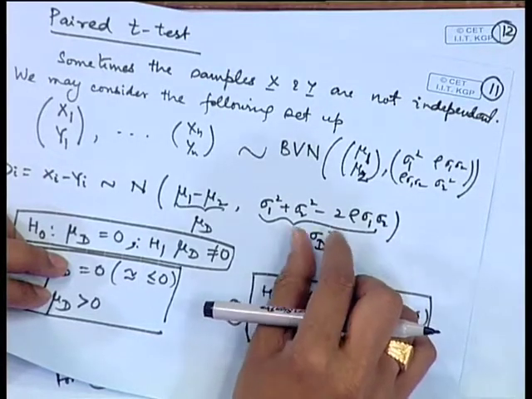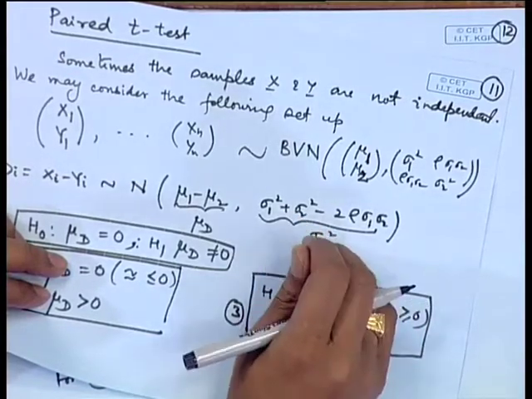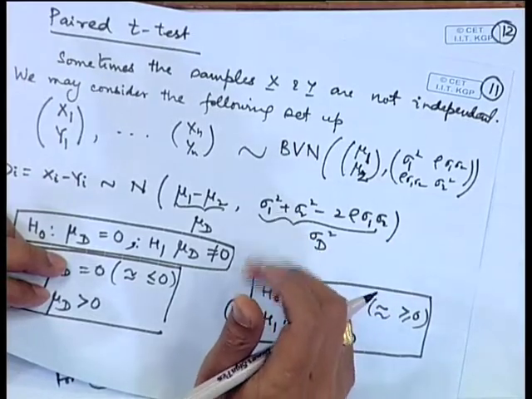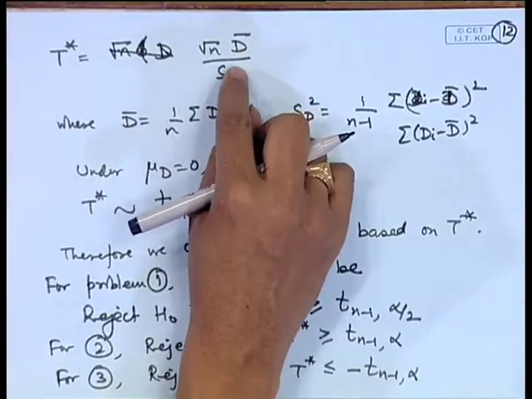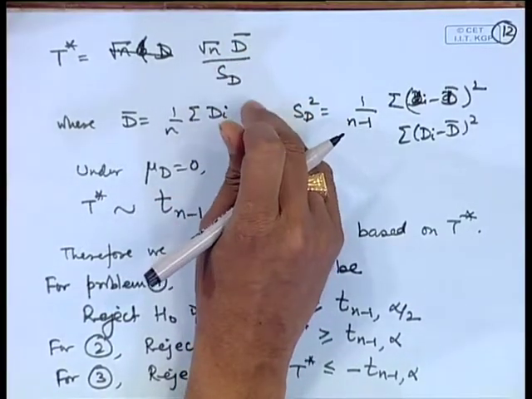That means the test is becoming more sensitive, because if this value is becoming smaller, then when you are taking the ratio, you are dividing by a smaller value in this statistic. So, this value is becoming larger, that means there are more chances of rejection.